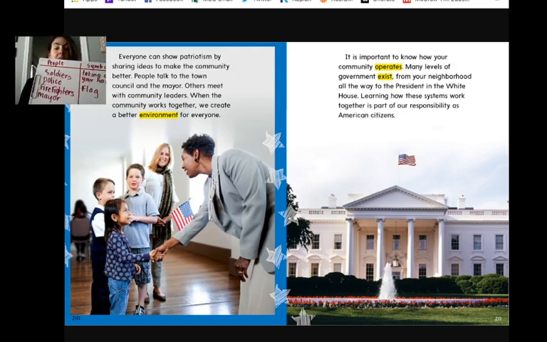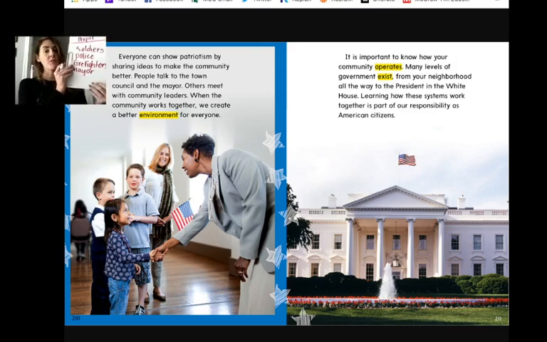I'm seeing on the page here, it looks like they're talking about community leaders and maybe even the president that lives in the White House. So, under people, we can write president, and community leaders.